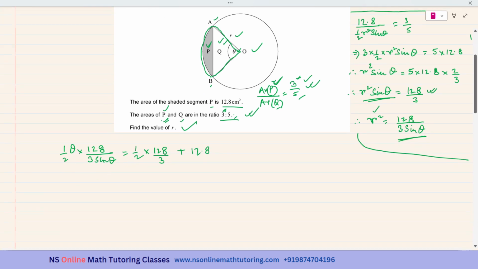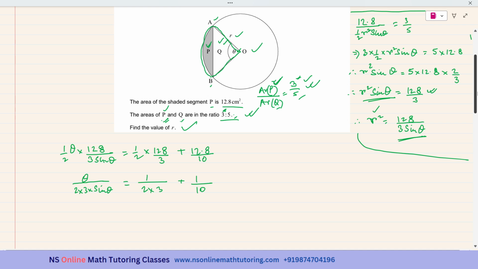I'm writing 12.8 as 128 over 10, and I divide the entire equation by 128. So theta over 2 times 3 times sine theta equals 1 over 2 times 3 plus 1 over 10.